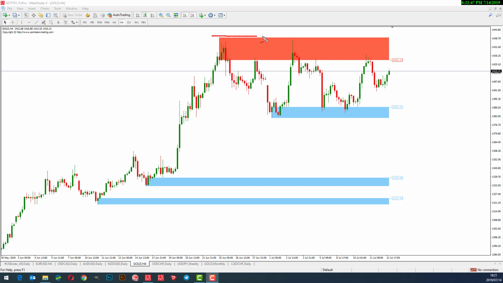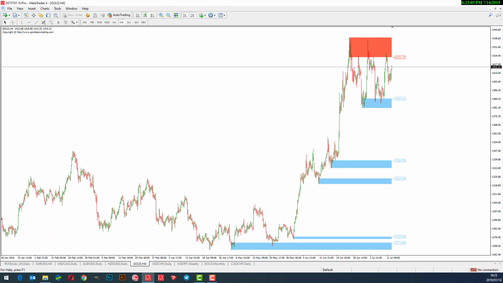I expect price to either test these highs or even clear above all the way to the upside for the bullish momentum to continue. I really foresee that happening. As you can see from the H4 chart, bullish momentum is in control.